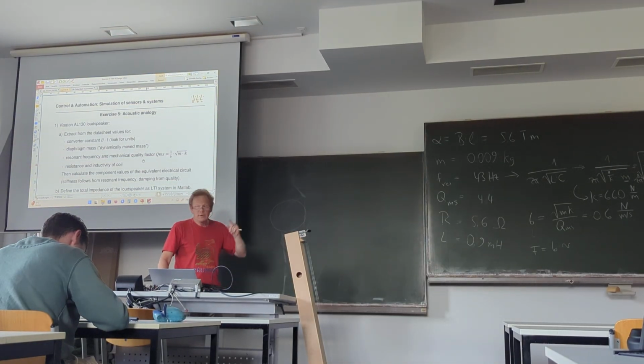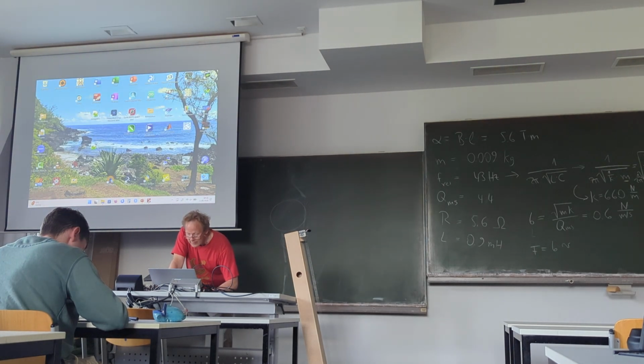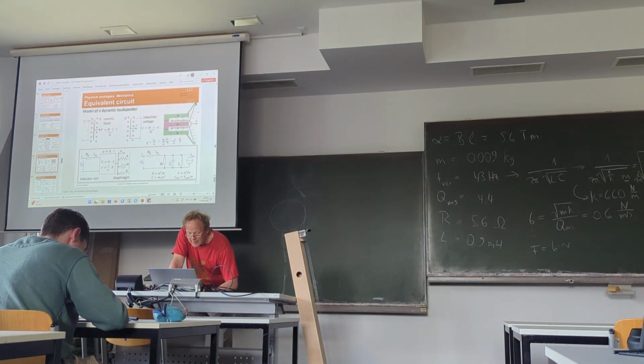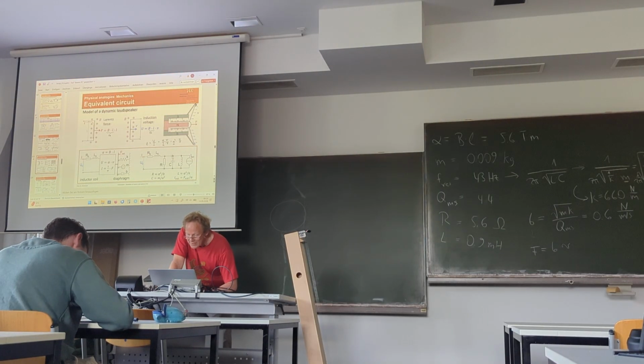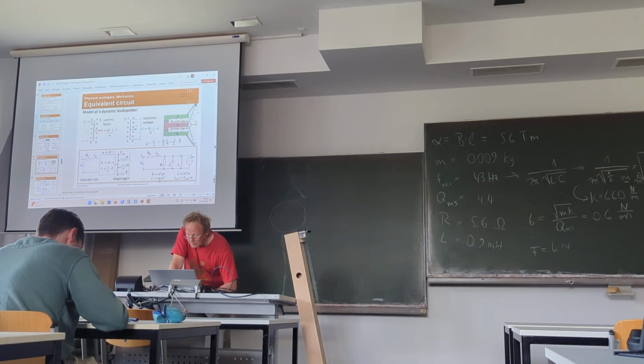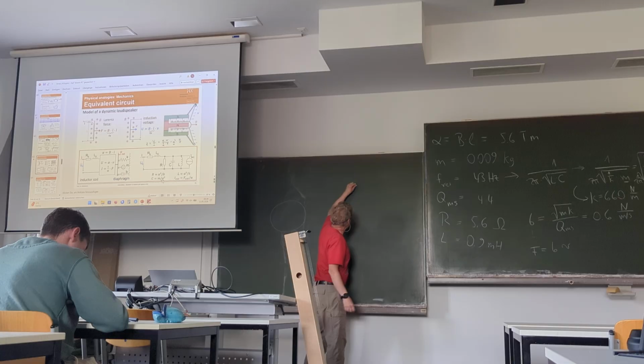And okay, we are already so far, then you could determine at least the electrical values from the mechanical values, and I think we have already opened the correct slide here. So, for example, our mass becomes this capacitor, and the formula is the actual mass divided by alpha squared. So then that's right here.